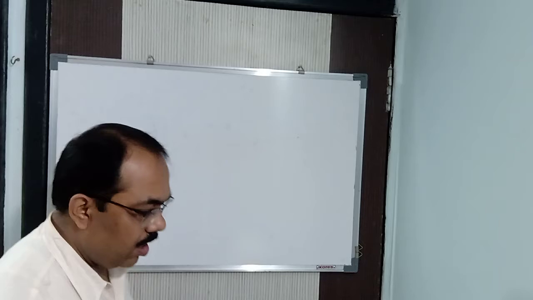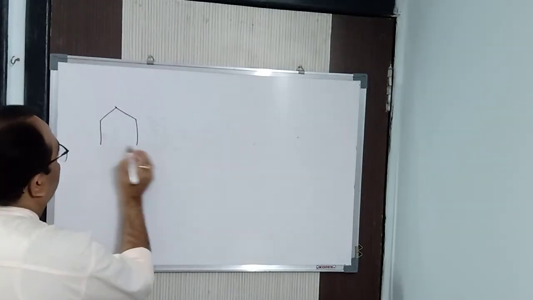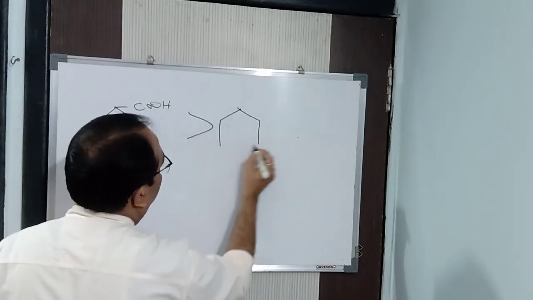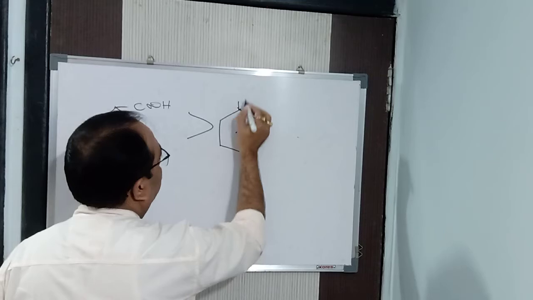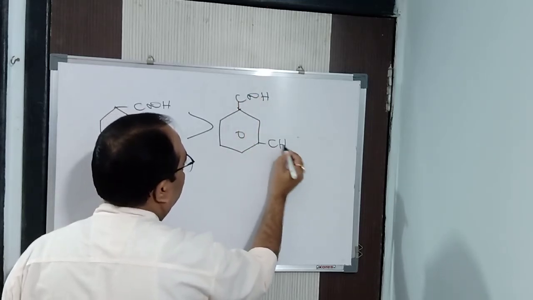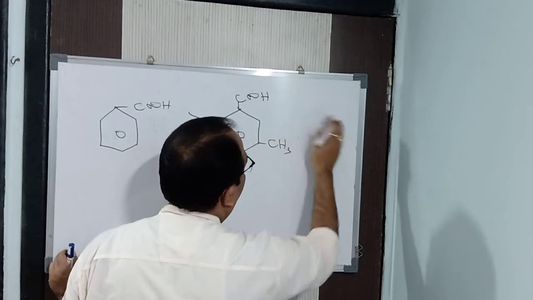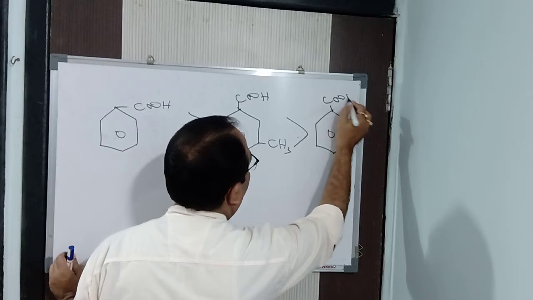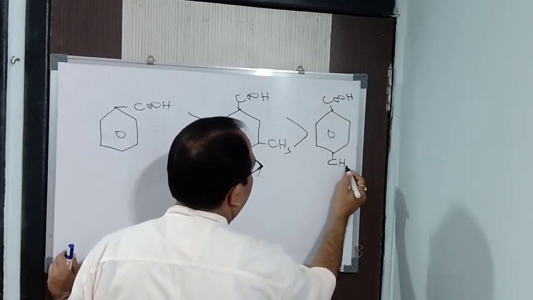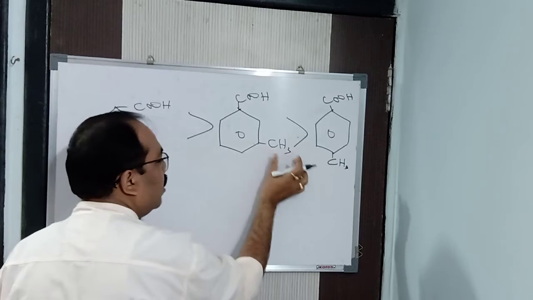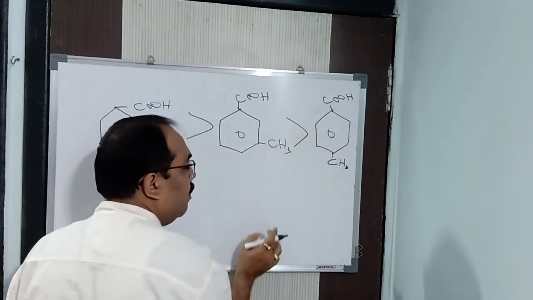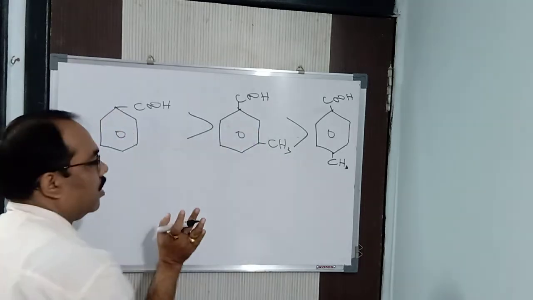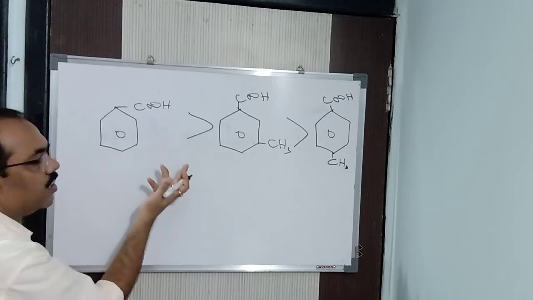That means if you are having meta methyl benzoic acid, it is stronger than para methyl benzoic acid, because in para position the acid weakening, electron donor group is there. So para methyl benzoic acid is a weak acid compared to meta methyl benzoic acid, compared to benzoic acid. Benzoic acid will definitely be stronger because we don't have an electron donor group here.